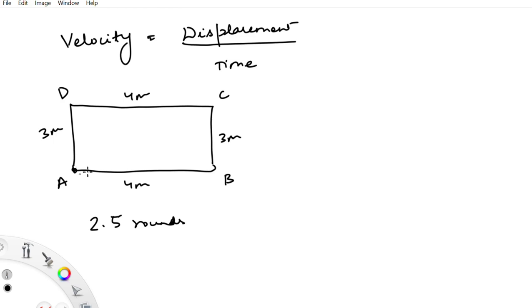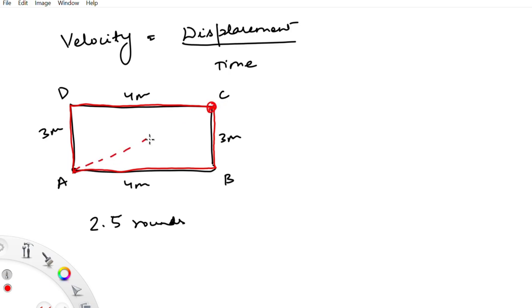So let's say the athlete starts from point A. From point A he moves to point B, then to point C, then to point D, and back to point A. This is one round. Again, he'll cover another round. So 1 plus another round, that's 2 rounds, and 2.5. So he starts from A, moves to B, and then moves to C, and stops right there.